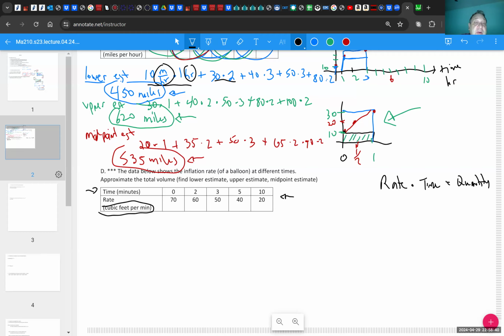And we're supposed to approximate the total volume. Again, our rate is cubic feet per minute. Our time is in minutes. If you multiply cubic feet per minute times minutes, you get cubic feet. And cubic feet is a measurement of volume.